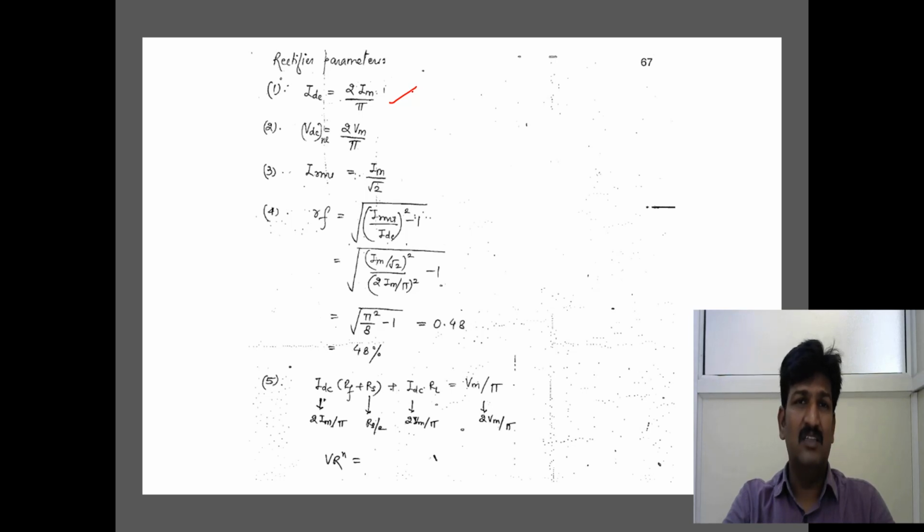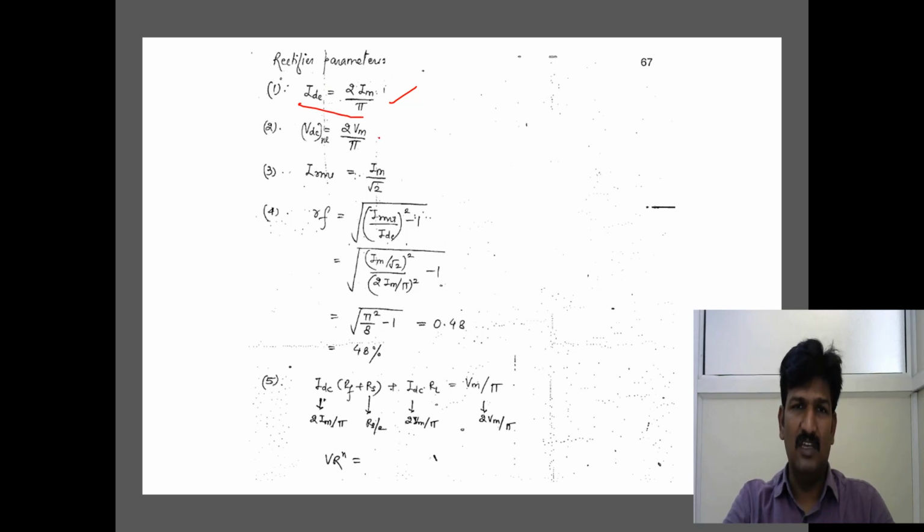But in the full wave rectifier we have current through the load resistor due to the conduction of diode 1 as well as diode 2, so by derivation you finally get this equation.